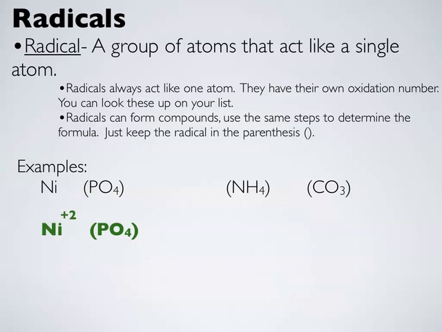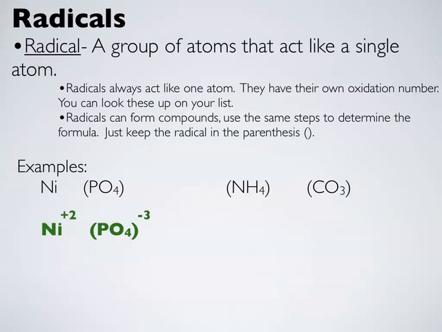Now phosphate, we can't look up on the periodic table because it's several elements. But we can look it up on that radical chart. When you look it up on that radical chart, what is its oxidation number? Raise your hand, please. Caitlin? -3.